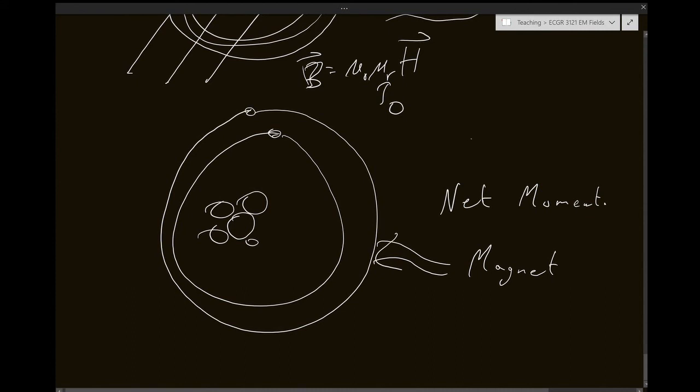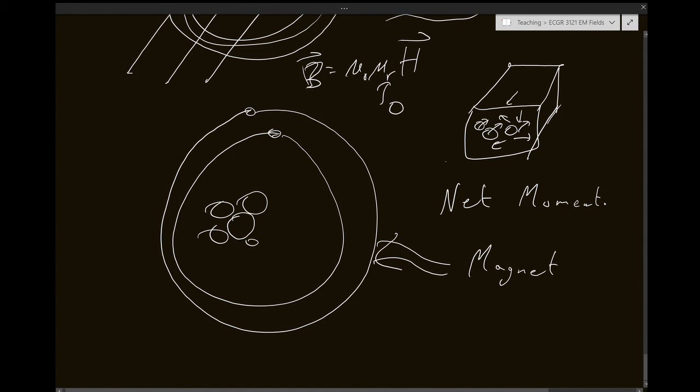In paramagnetic materials, the material itself, the atom itself is magnetic, but the thing is, all those magnets, all those moments are randomly oriented. So they are pointing everywhere, so they cancel each other out, right?